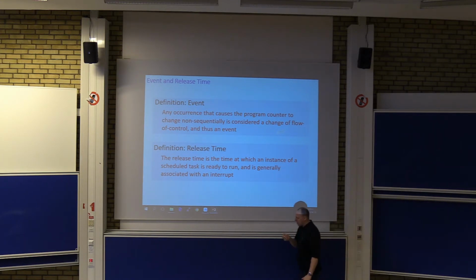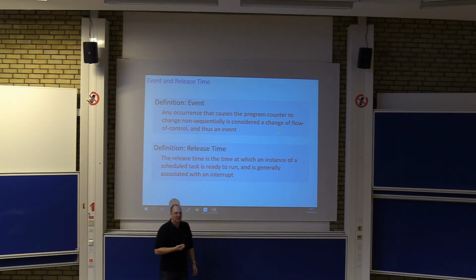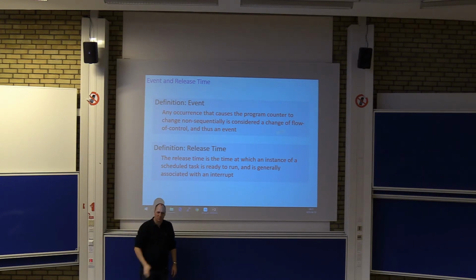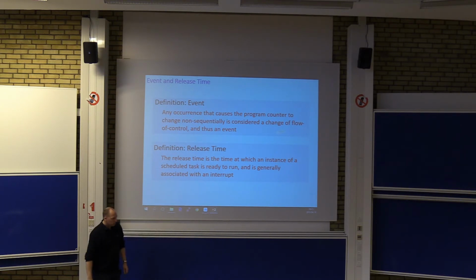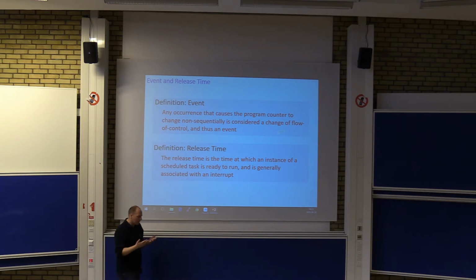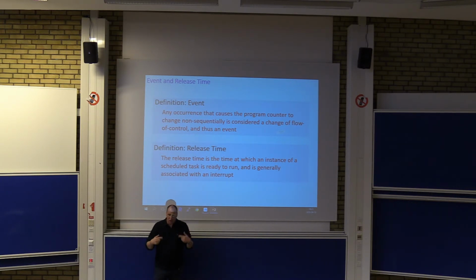Can we think about an event in a control system? One example is that the user can press a button. When the user presses a button, you have two ways basically. You can periodically go out and read the state of the button, or you can have the button hooked up to an interrupt inside the processor.